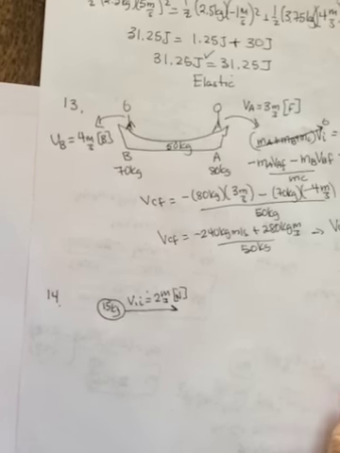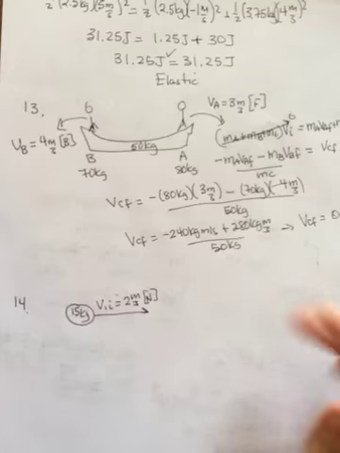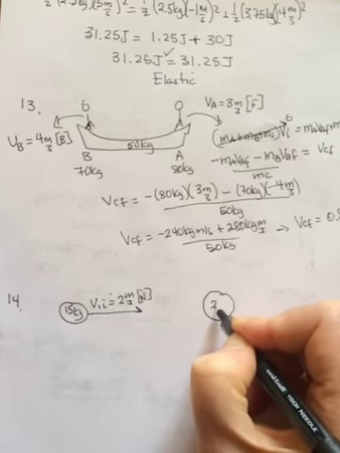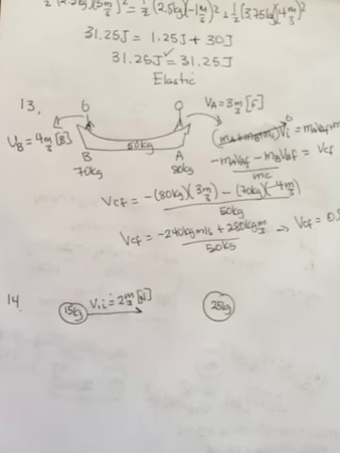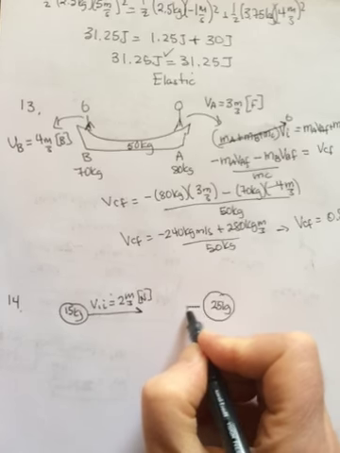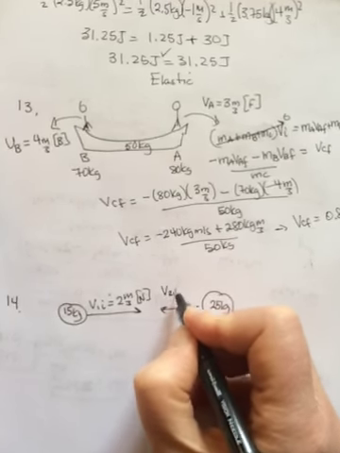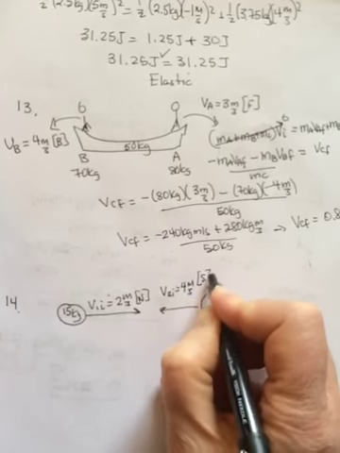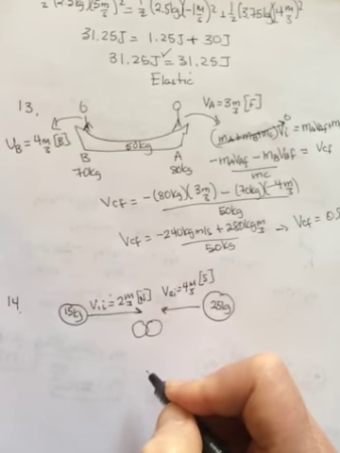When it collides and becomes coupled to a second body of mass 25 kilograms moving south. So 25 kilograms, and it's going south, so v2 initial is 4 meters per second, and that's south. So after the collision, they stick together.